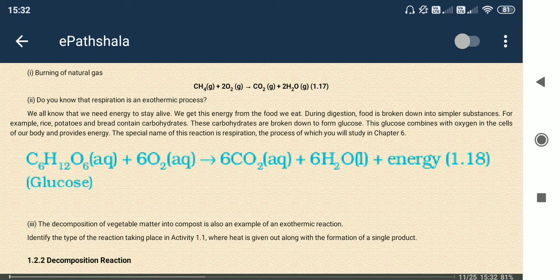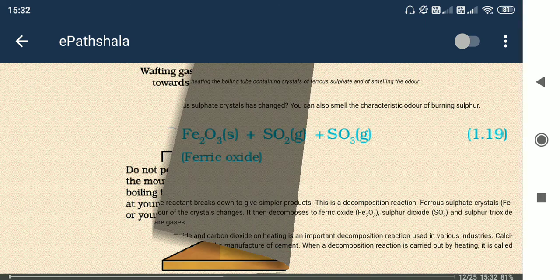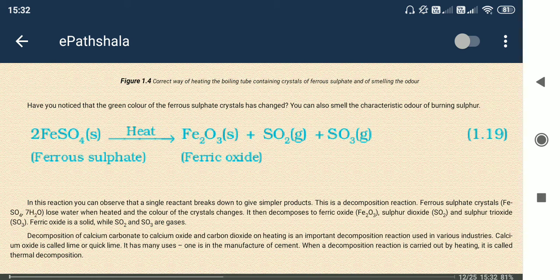Next one, decomposition reaction. Decomposition means disintegrated or broken down to smaller molecules. Like here you can see ferrous sulfate, a larger molecule, disintegrates to form Fe2O3, ferric oxide, plus SO2, sulfur dioxide, plus SO3, sulfur trioxide.